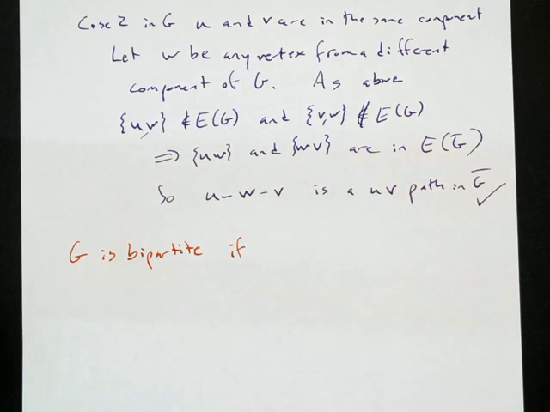I'm going to call a graph bipartite if I can break its vertex set into 2 subsets, 2 disjoint subsets, a partition, so that the only edges in the whole graph go from vertices in one of the partition cells to the other partition cell.